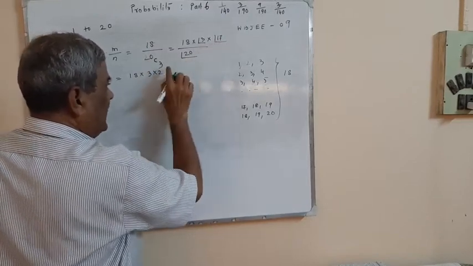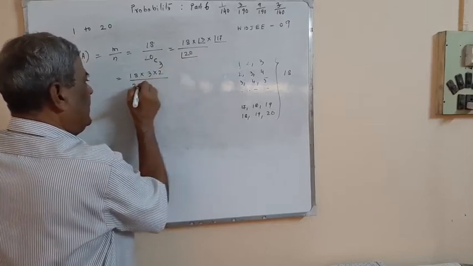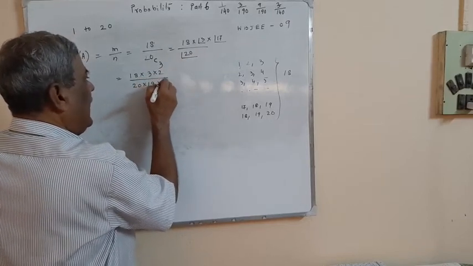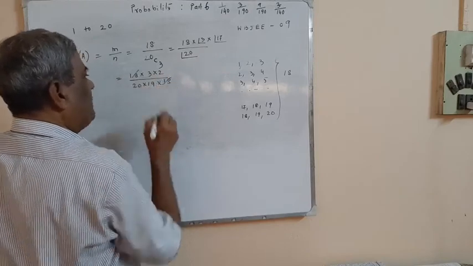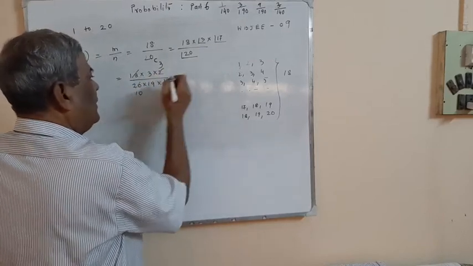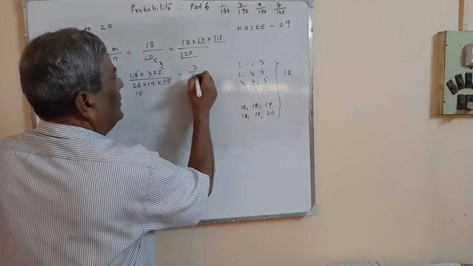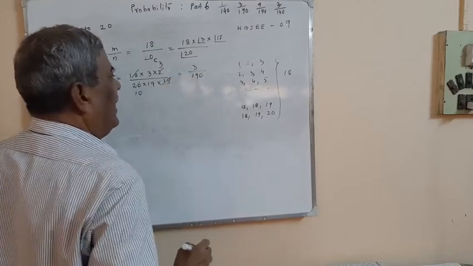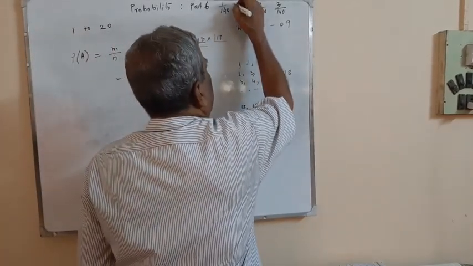Factorial 17 will be cancelled, leaving 20, 19 and 18. 18 cancels, and 2 cancels, giving 10. So it is 3 by 190 and it is our answer. So the second option is correct.